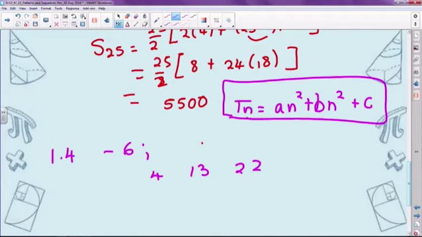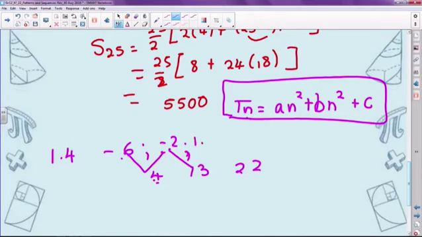Well, all we're going to do is we're going to simply say, well, I need to go forward. So for me to get the next term in the sequence, I need to add the first difference. So -6 plus 4 will give me -2. Okay, to get the third term now in this new sequence, I'm going to say I need to take term 2 and add the first difference of 13. -2 plus 13, what is 13 minus 2?